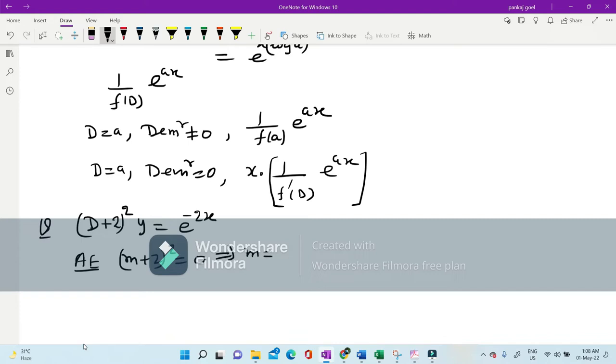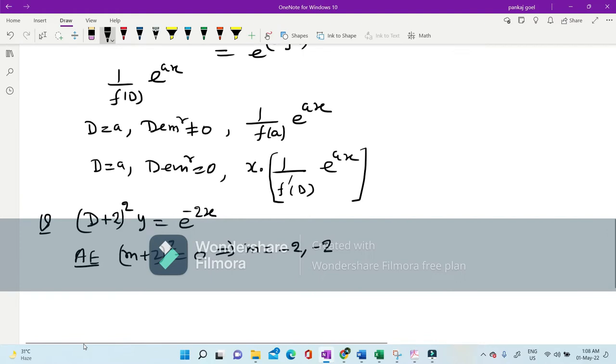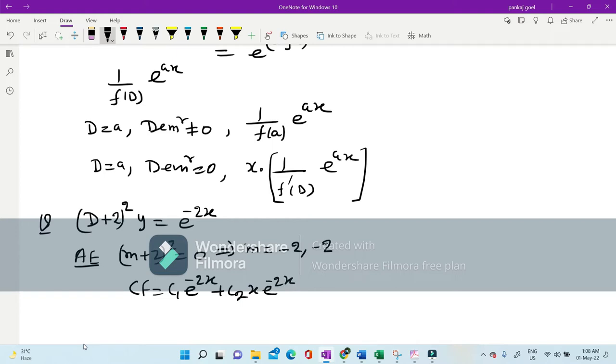So m is equal to minus 2, minus 2. Put the value here. CF is equal to c1 e to the power of minus 2x plus c2 x e to the power of minus 2x.